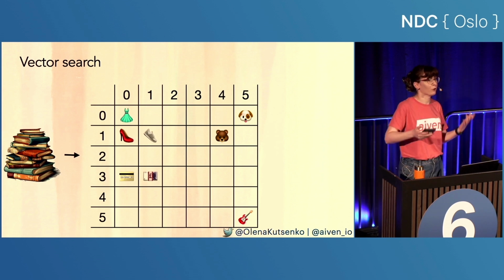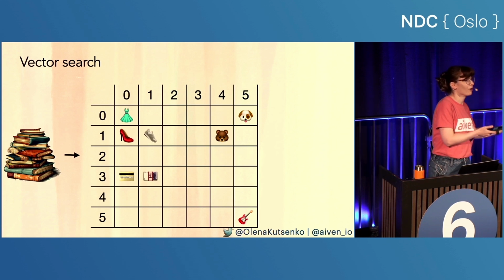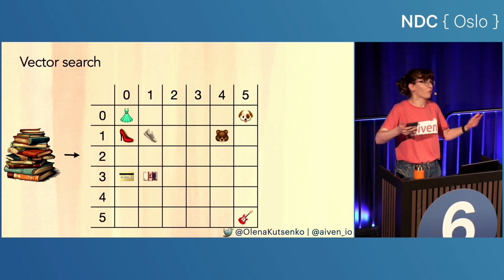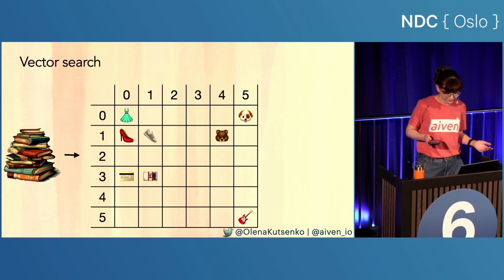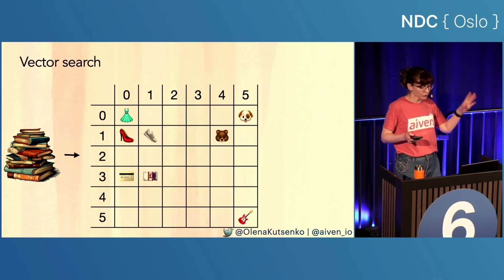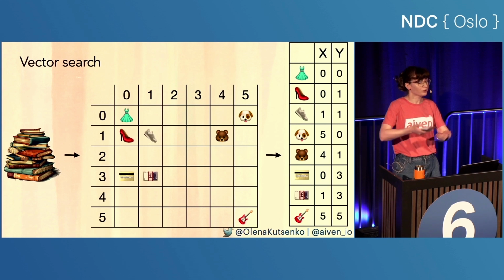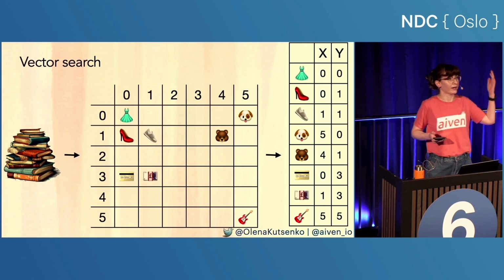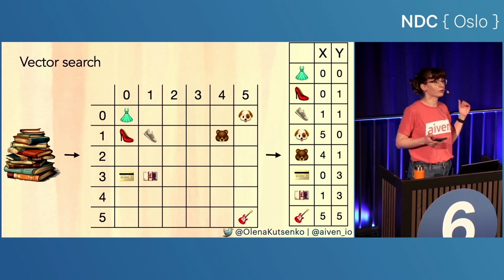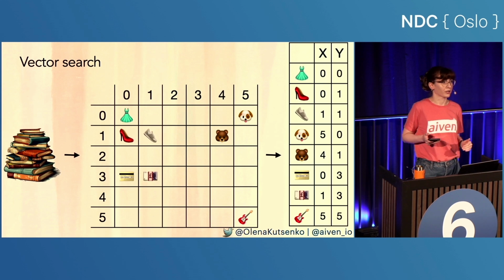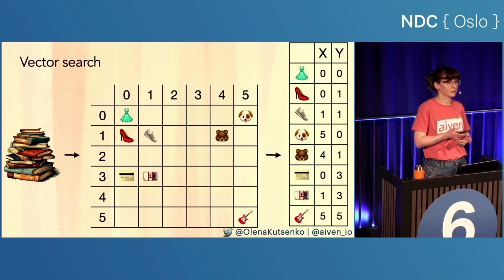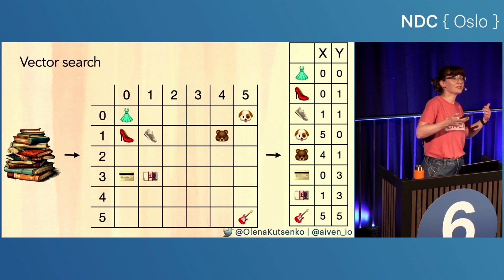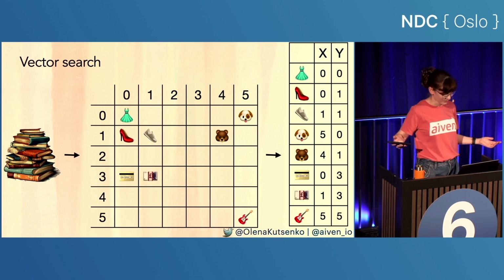Then when we talk about money, maybe a credit card and cash are not so far apart from each other, still different objects. When we put all our objects in that multidimensional space, we get a list of coordinates for them. This is what we use to find the distances, to find which objects are more similar than others.